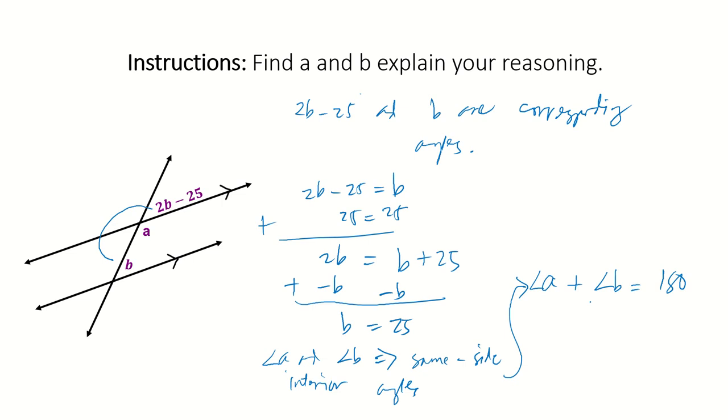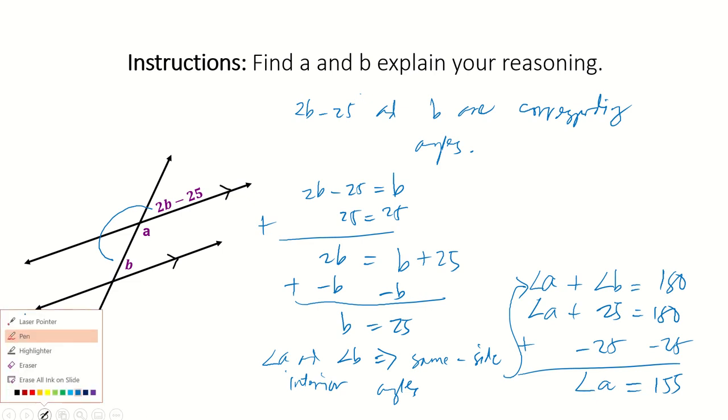We know that angle B is 25, so we just change it to 25. Afterwards, you add negative 25 on both sides. So angle A is 180 plus negative 25, which is 155. So there, we have A and we have B.